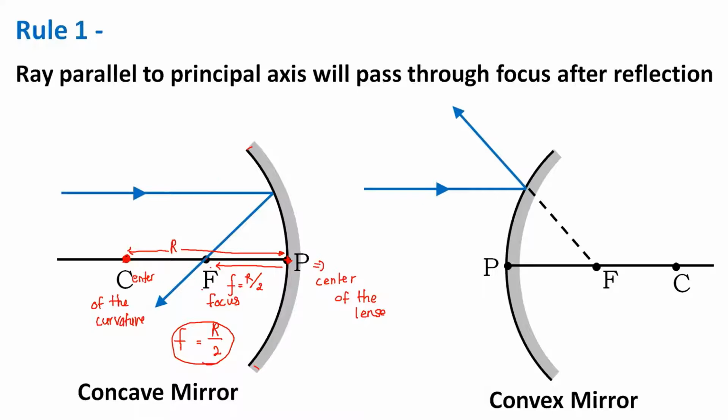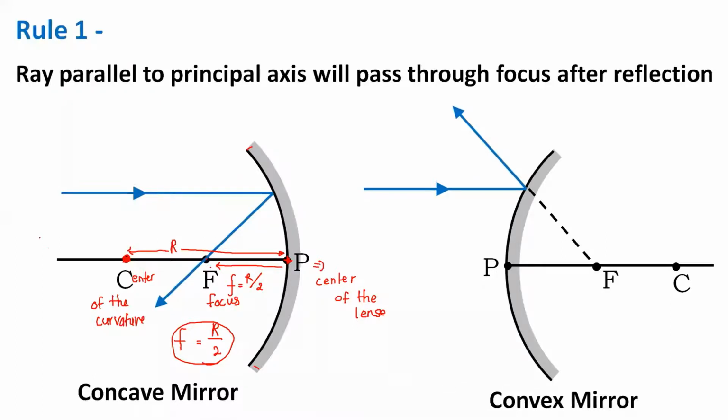Are you okay with these few letters? C, F, P, and capital R and simple F. Simple F is the distance between P and the focal point.